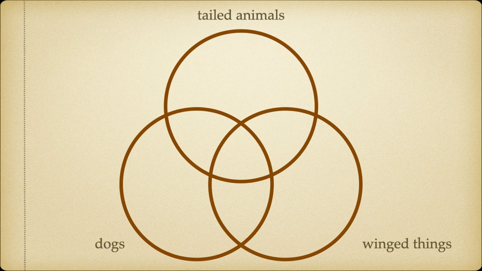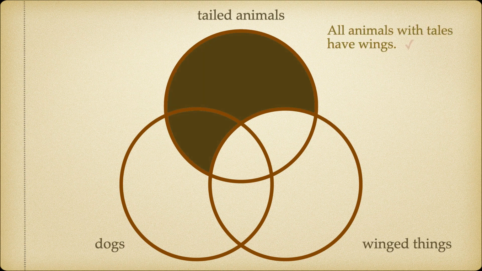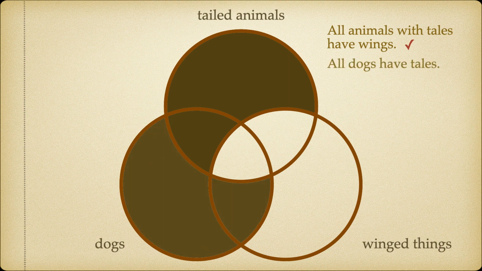Let's do the visualization to find out. Again, we have three terms: dogs, things with wings, and animals with tails. If we assume that the first premise is true, then there will be no tailed animals that do not have wings. That part of the set is empty, so we've shaded it out.